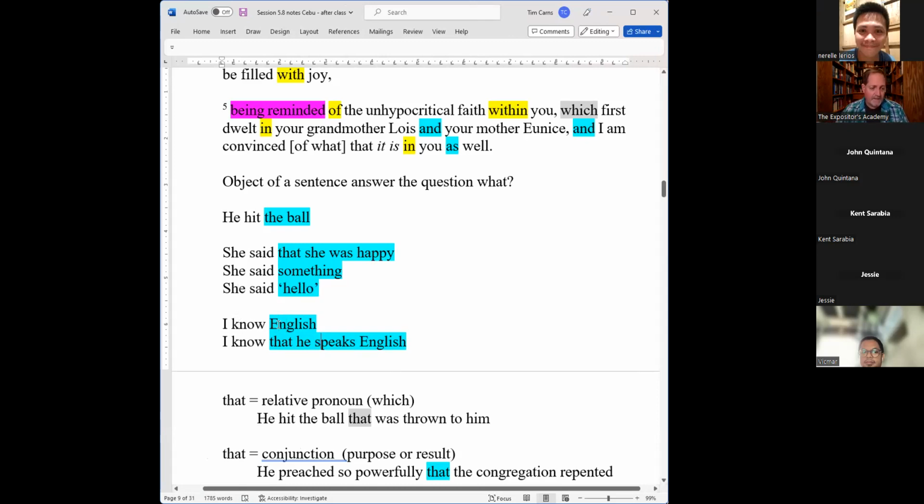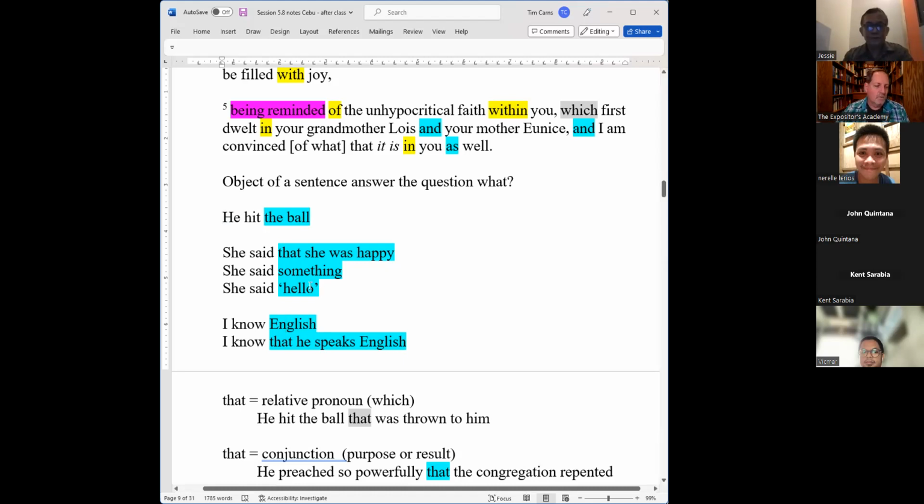So what I've highlighted in blue here is functioning as the object of these clauses. It's either the thing receiving the action or what the verb is referring to. So we have a subject, she, the verb said, and then what she said is acting like the object in the sentence. Does that make sense?